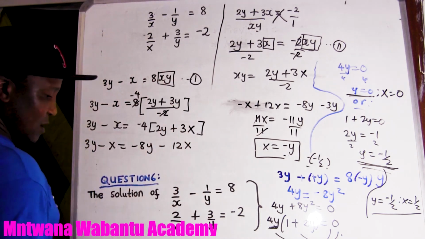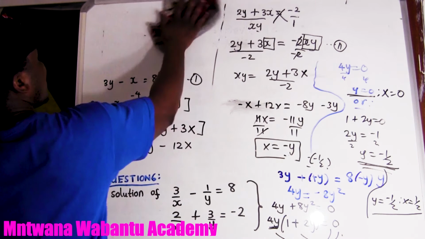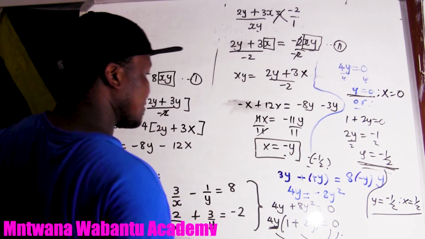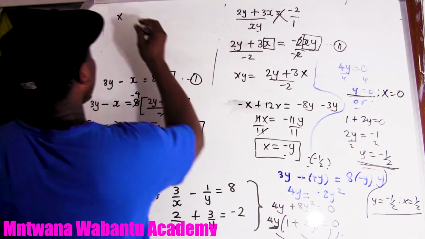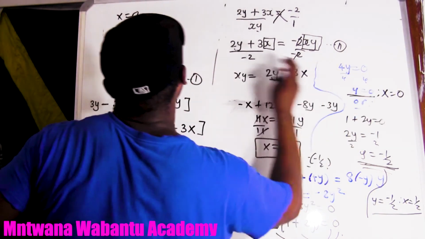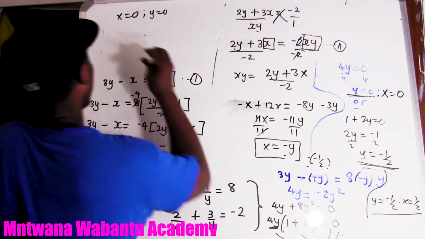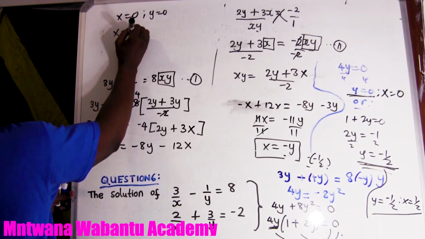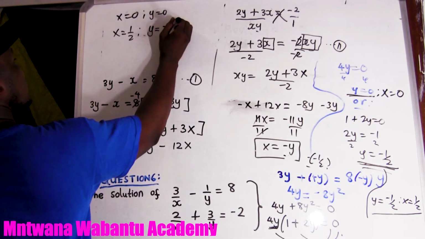So finally, for this equation, which is a very interesting question, I will say either x could be equal to 0 and y equals 0, or x equals positive a half and y equals negative a half.